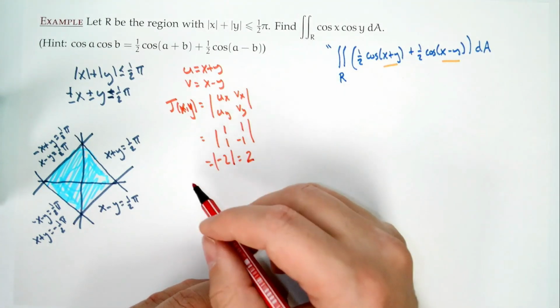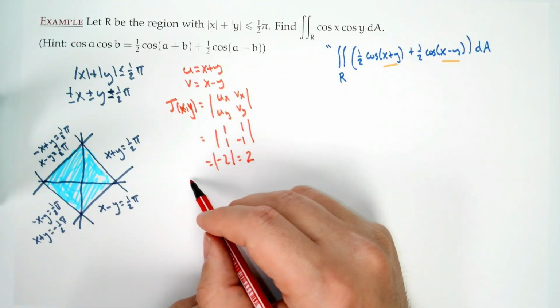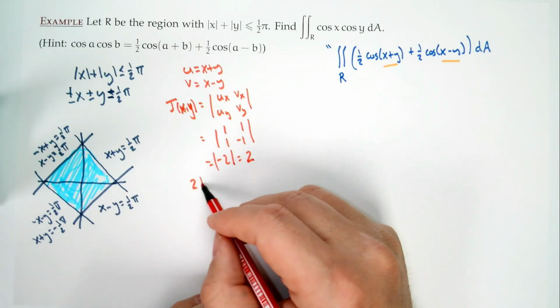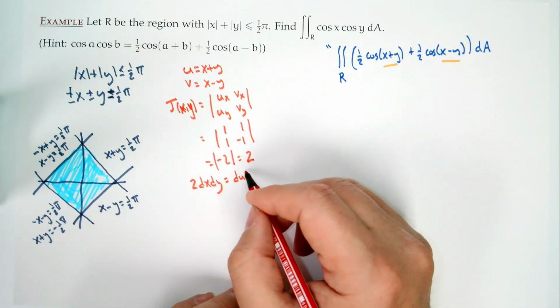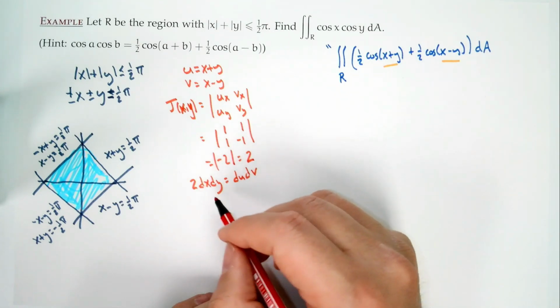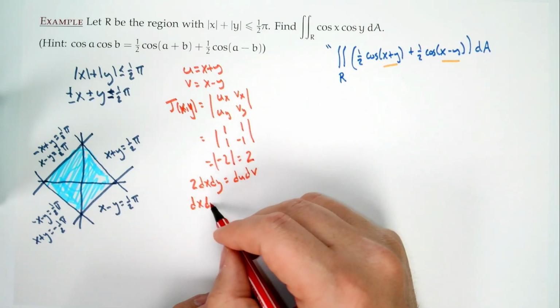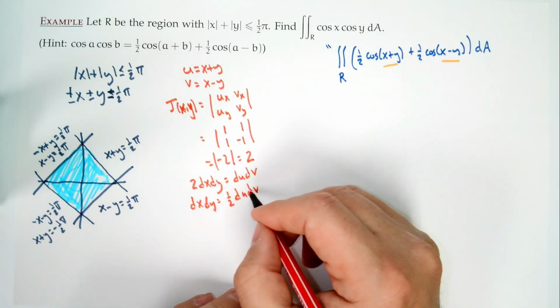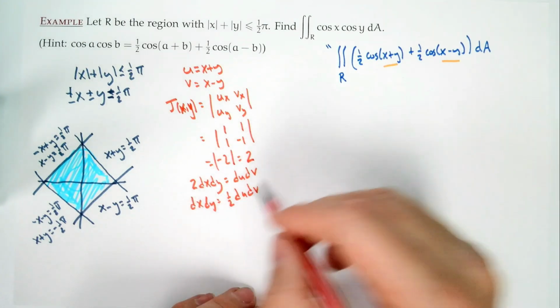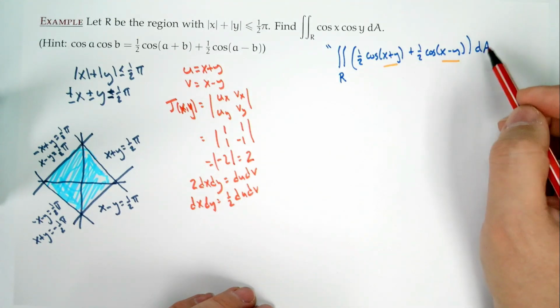Well, what does this mean? That says that if I have 2 dx dy, that's going to be equal to du dv. Or I could say that dx dy is equal to 1/2 du dv. Now the reason I did the 2 moving across is there's not really a 2 yet.